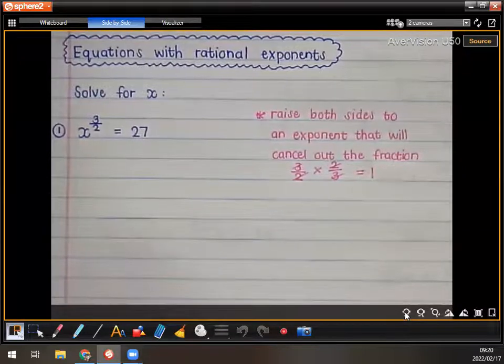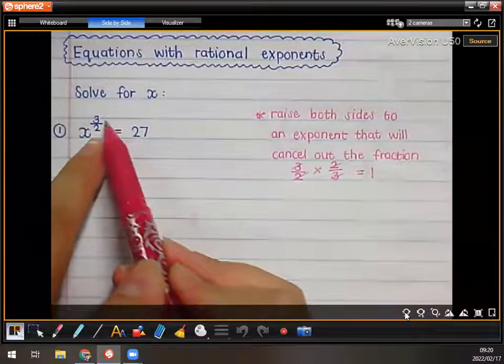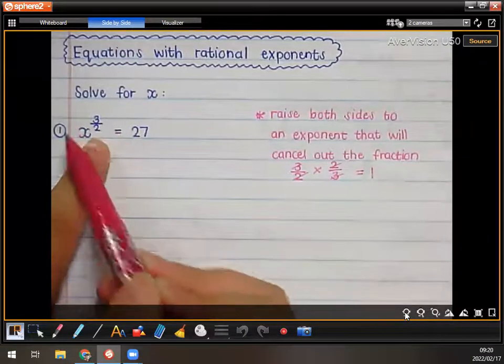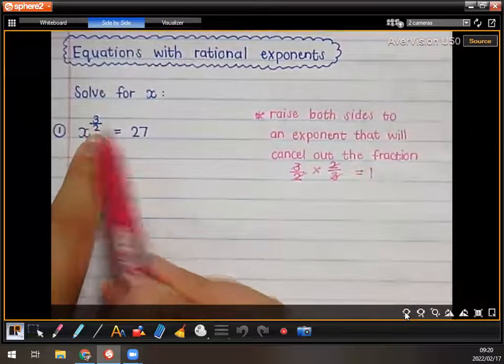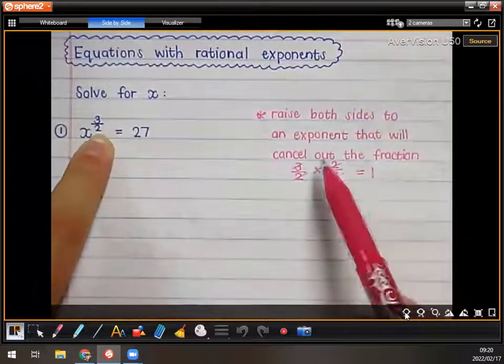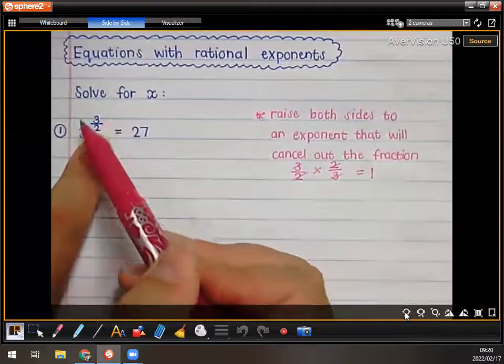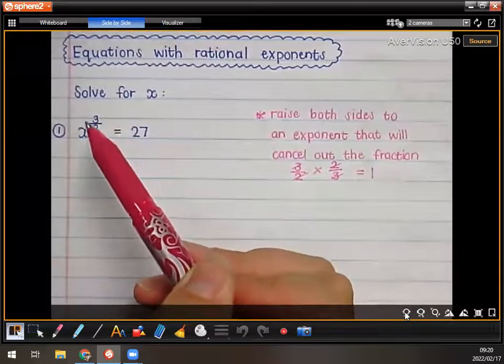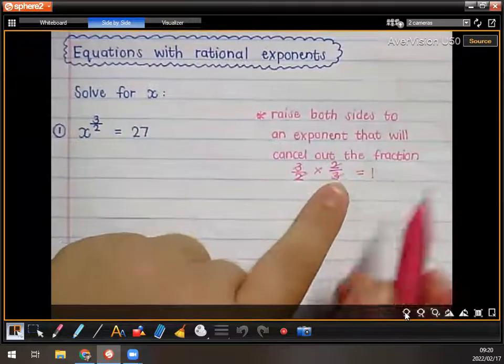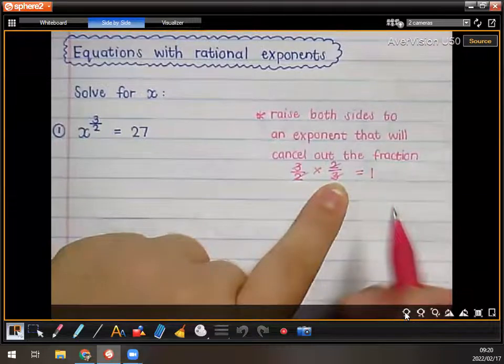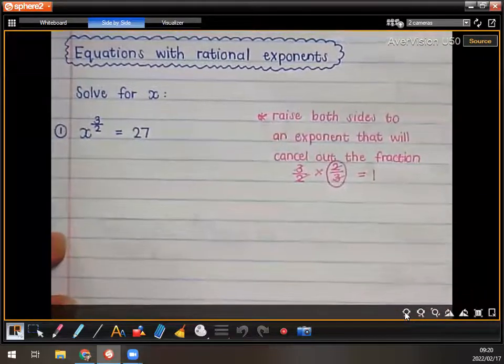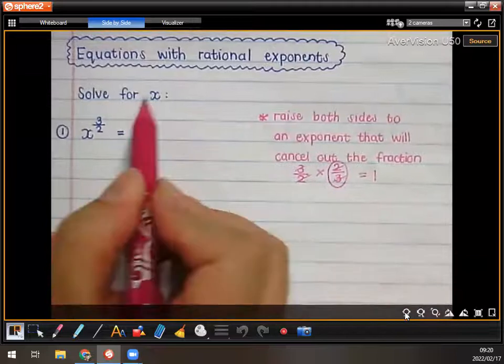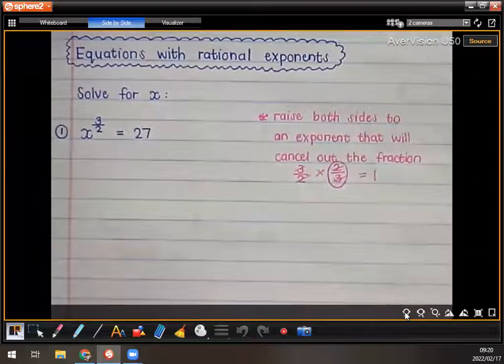So that is what we're going to try and do, guys. We're going to look for an exponent that when I multiply it by the fractional exponent that I have, it will cancel it off. It will give me 1. All right? So in this case, we're going to raise both sides to 2/3, which is just this fraction swapped around.